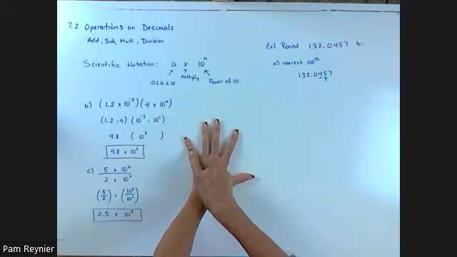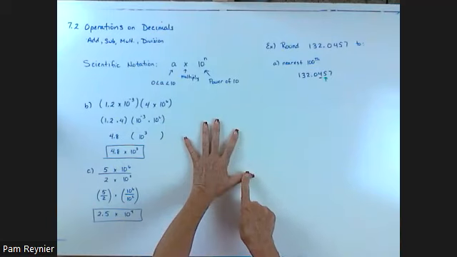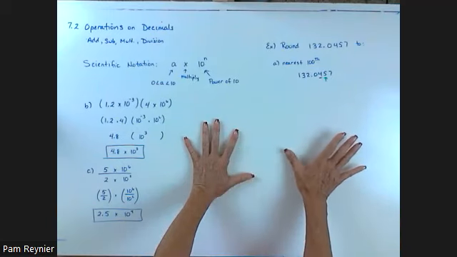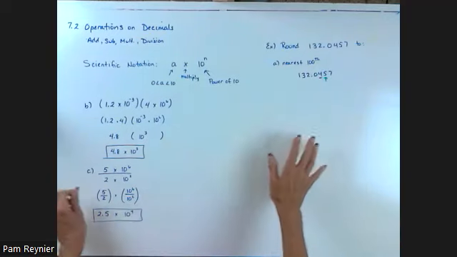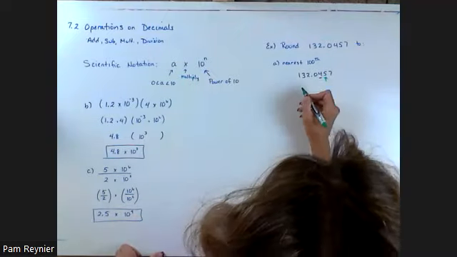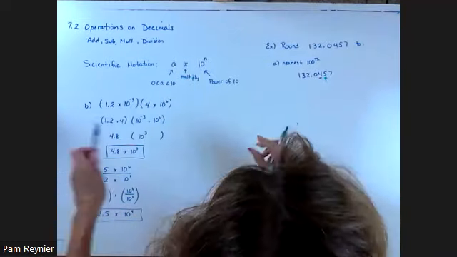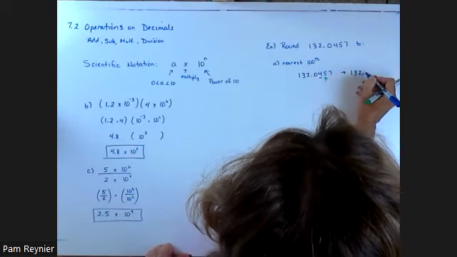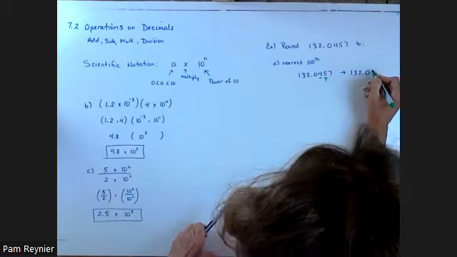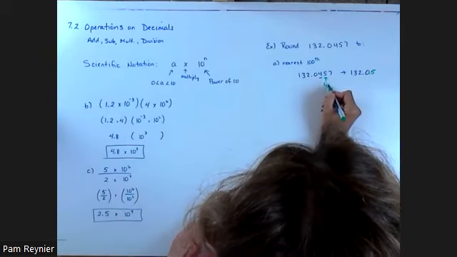So if it's 0, 1, 2, 3, or 4, you don't change anything. But as soon as we go to 5, 6, 7, 8, or 9, you now have more on this side. So we're going to round it up. So this would round to 132.05. That's going to make it round up.